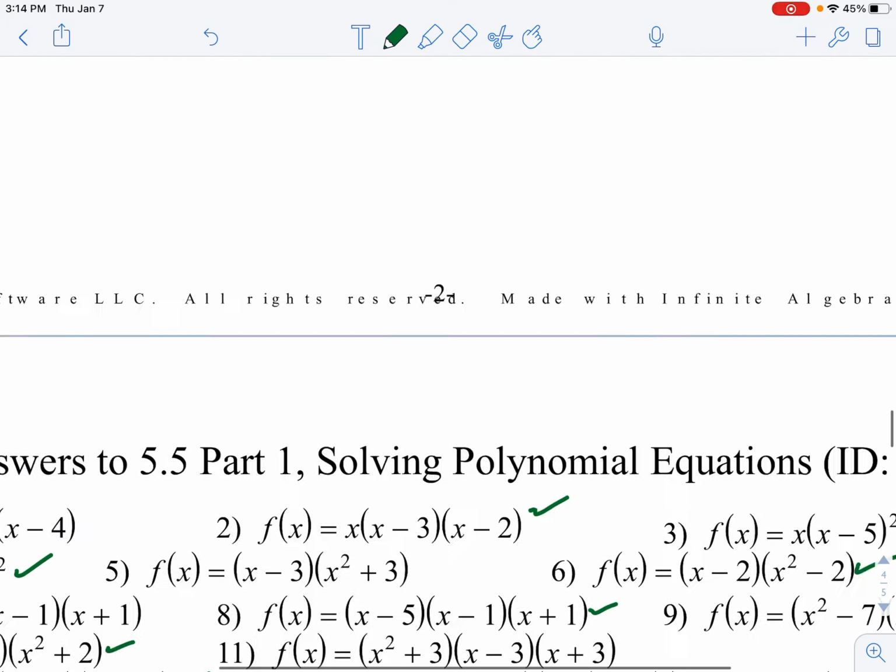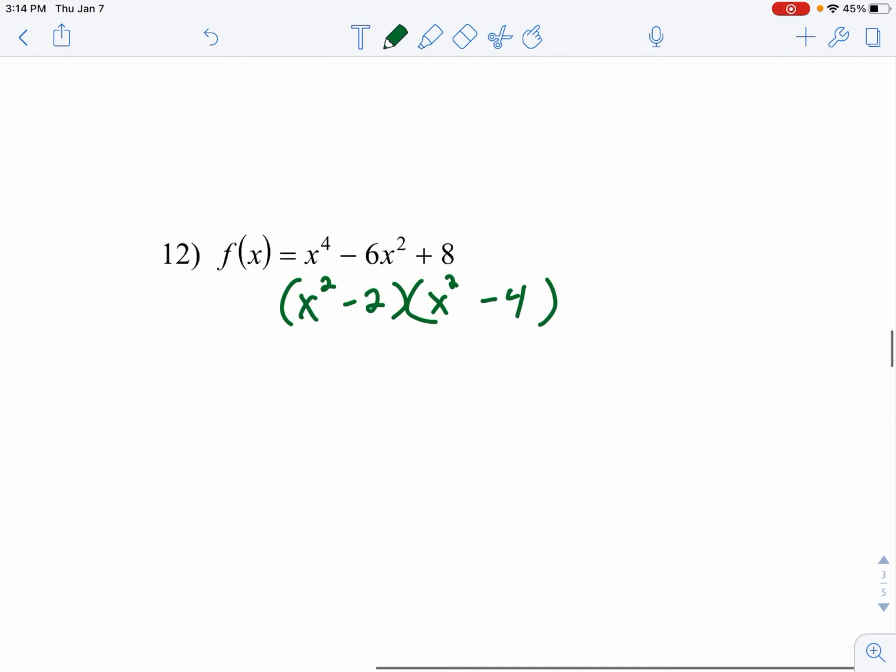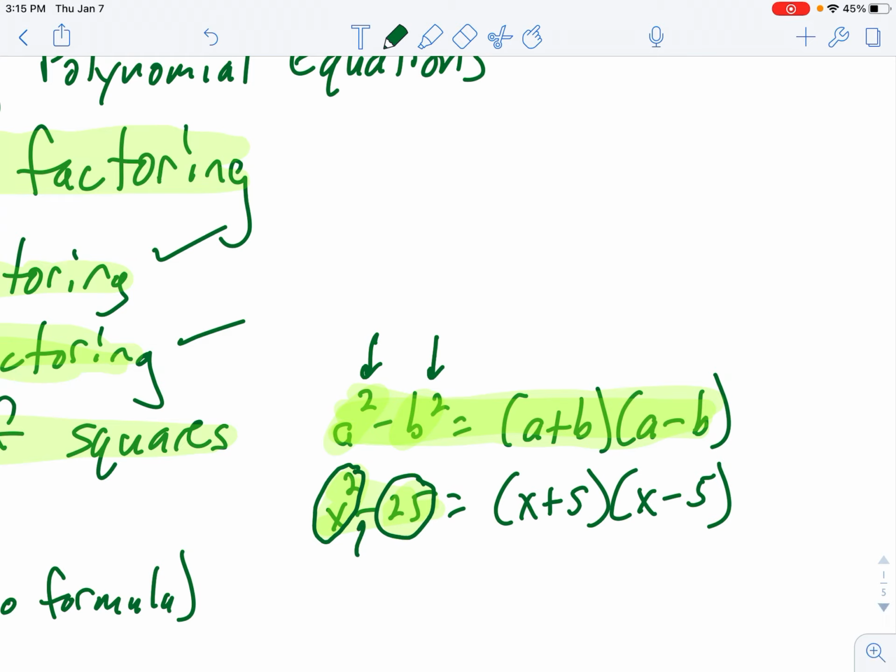So what's going on? Well, just like what happened a few problems ago, what we have here is a difference of squares. A difference of squares, again, is whenever you have one square minus another square. That can be x squared or it can be a square number, as long as there's a minus sign in between there.